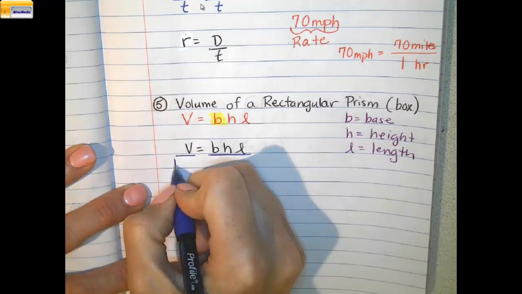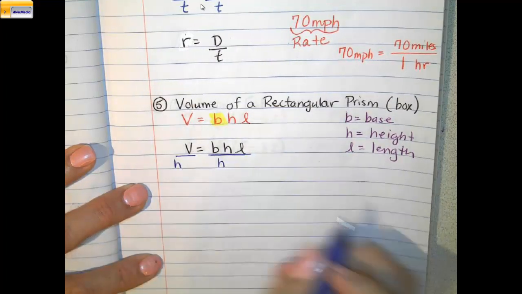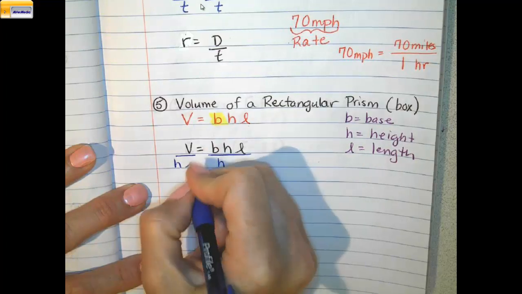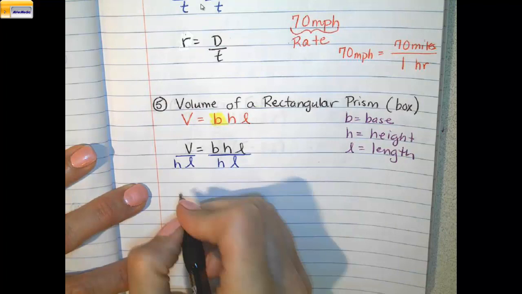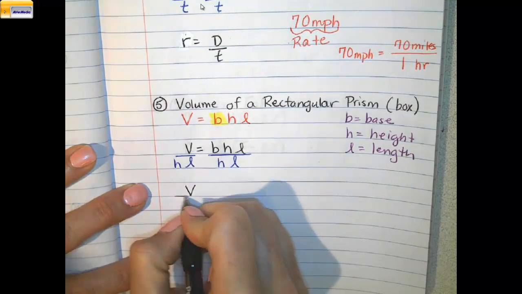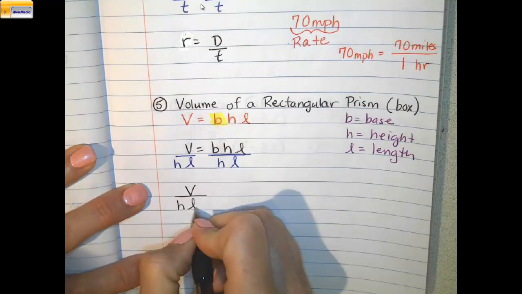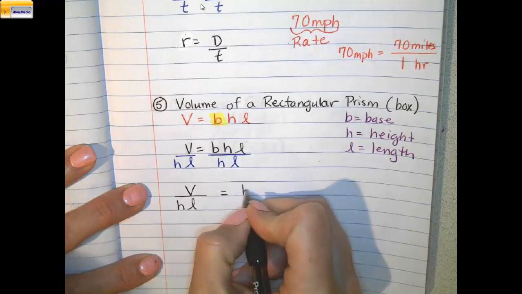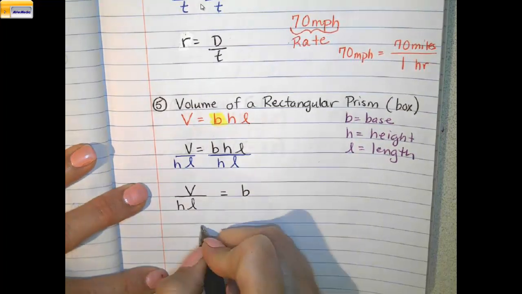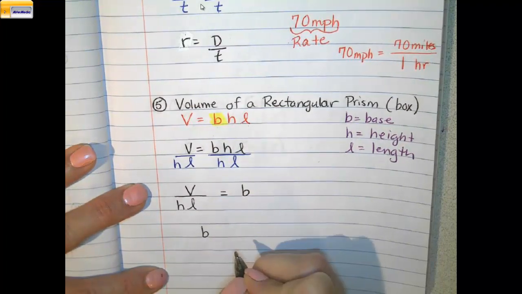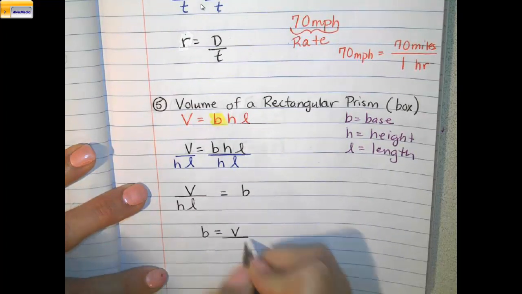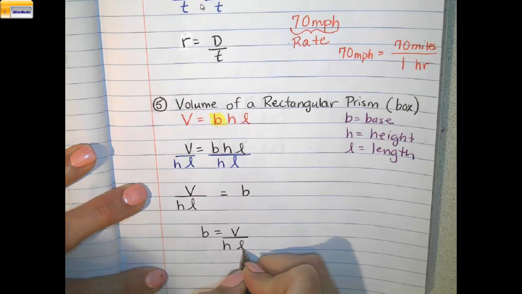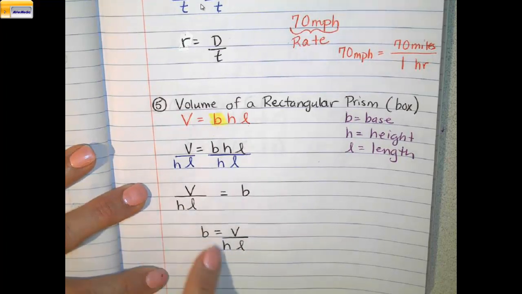I can divide both sides by height, and at the same time, I can divide by length as well. So when I rewrite this, I come up with the volume divided by the height times the length is equal to the base. Frequently people like to put the variable by itself on the left, so I could say that the base equals the volume divided by the height times length. These two equations are equivalent.